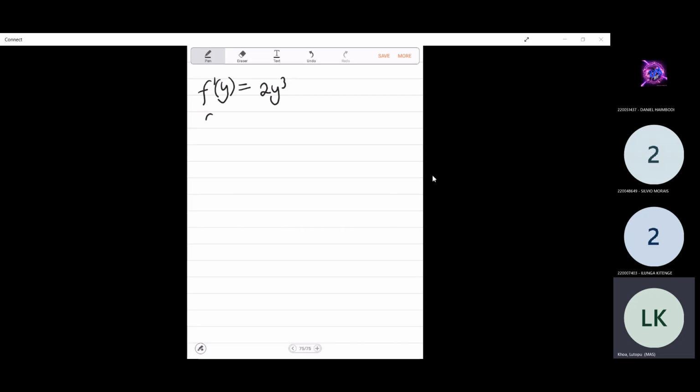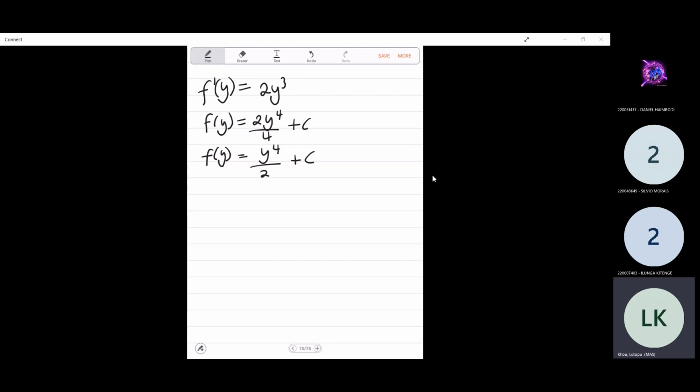Okay, then this means f of y is equal to 2y to the power of 4 divided by 4 plus c. So f of y is equal to y to the power of 4 over 2 plus c.